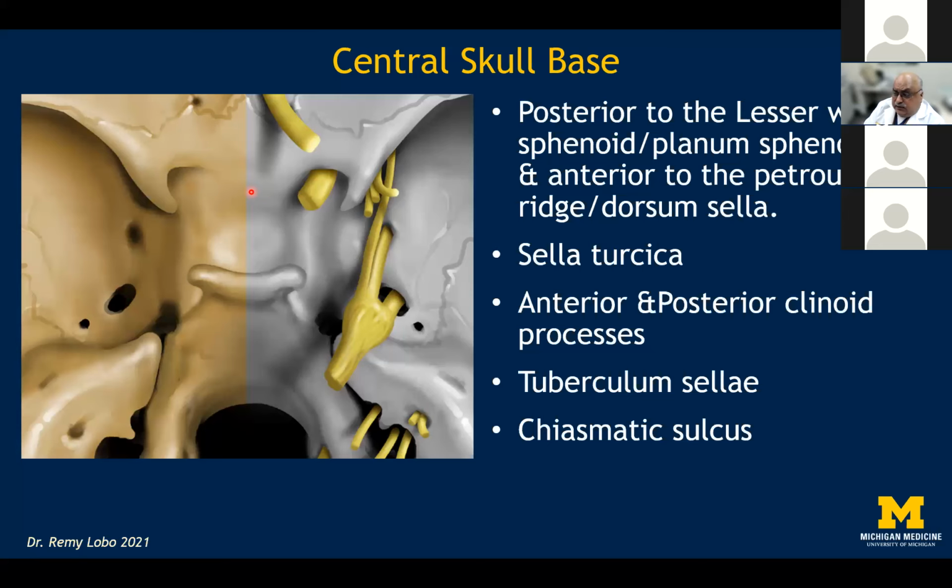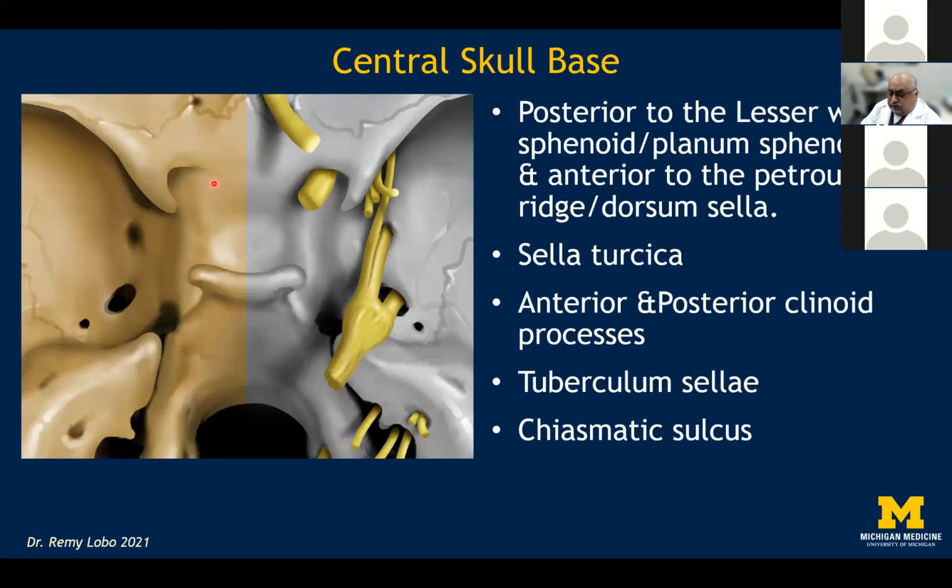And the chiasmatic sulcus is another important landmark, a groove, which I showed you in the previous slide. Just as a reminder, these are anatomic landmarks, and they are important in as much as they localize the lesions which are arising from the sella or outside of the sella.